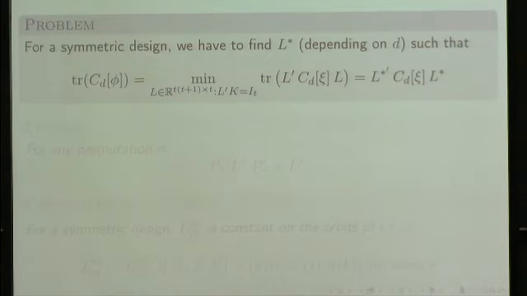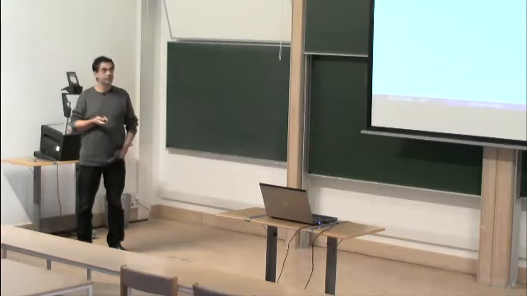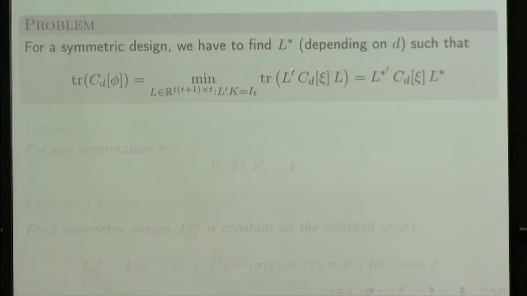Recall that for a design, the information for the parameter phi may be obtained from the information for the whole parameter xi by this external permutation, and the idea is to identify which kind of L may achieve the minimum. So we will call it L star.